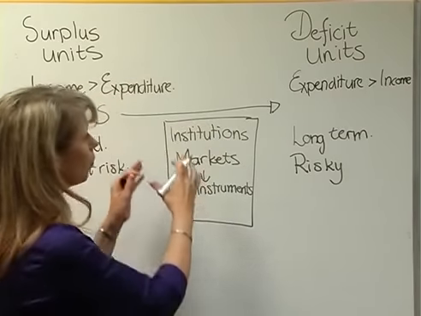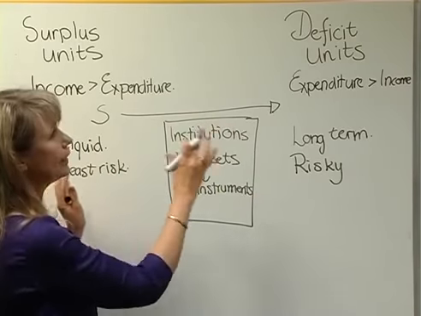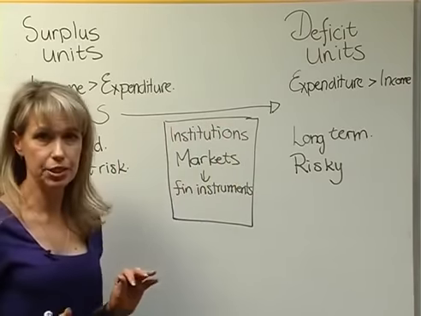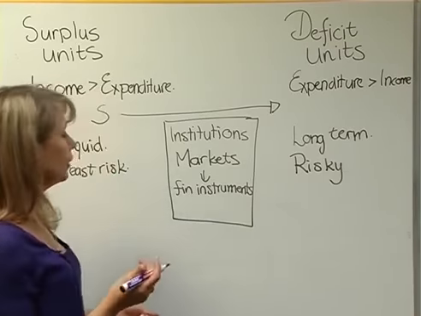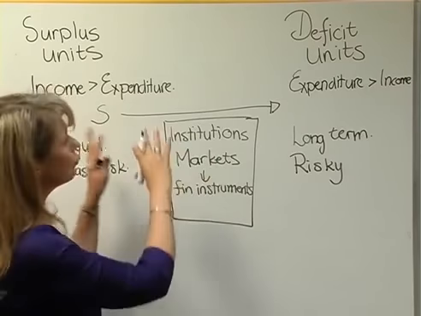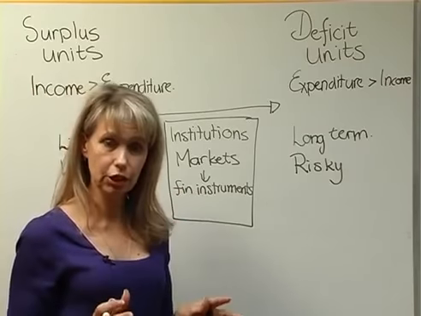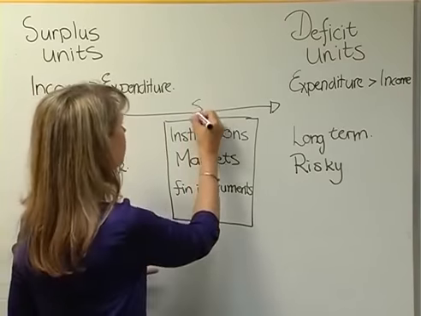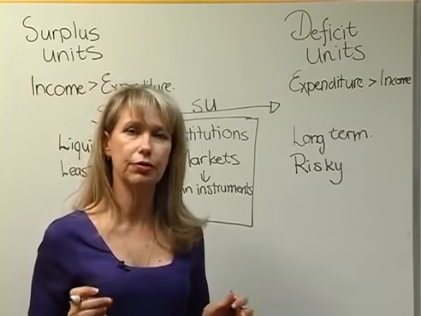So the purpose of the financial system is to reconcile the needs of the deficit units and the surplus units, and we're going to teach you how they do that. Now, in study unit 1, we're going to provide you an overview of all of the components that the financial system consists of. Study unit 1 is going to be about all the jargon that we use in the financial system.